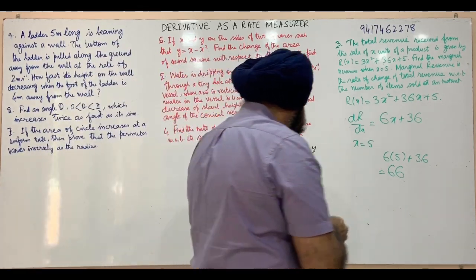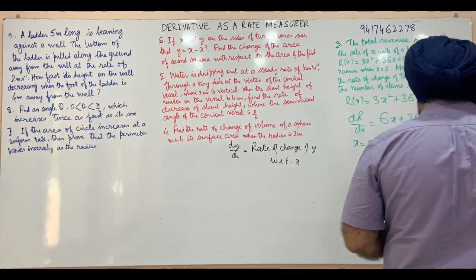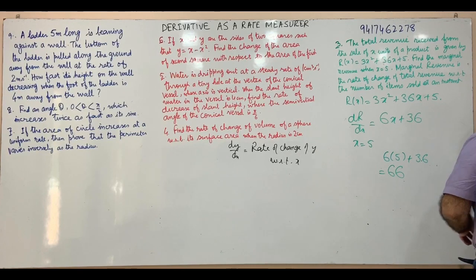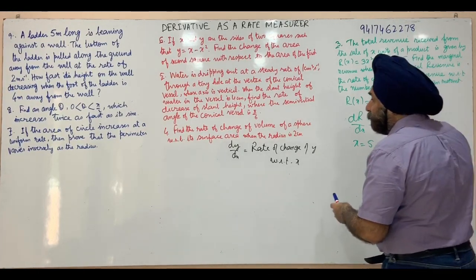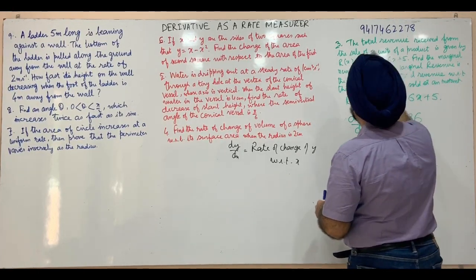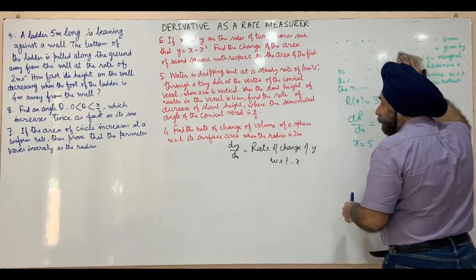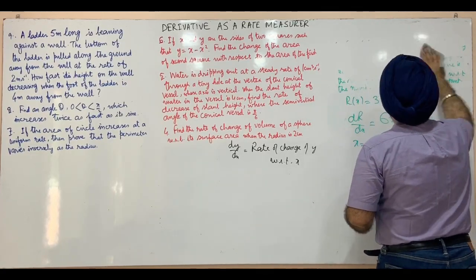The next one, we have to find the rate of change of volume of a sphere with respect to surface area when the radius is 2 centimeters.